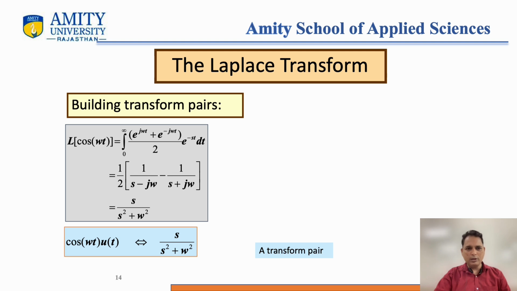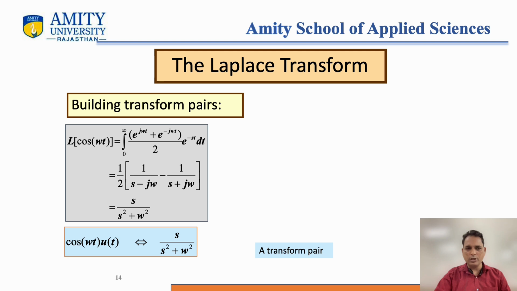On solving that, when we multiply these two brackets, you know that when the bases are the same, the powers are added. So 1 by 2 comes outside of this integration, and the power of e becomes e to the power minus (s minus j omega) t plus e to the power minus (s plus j omega) t.